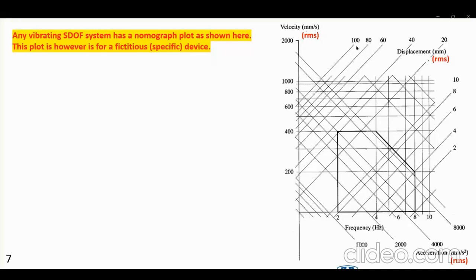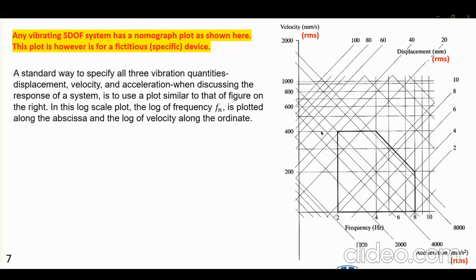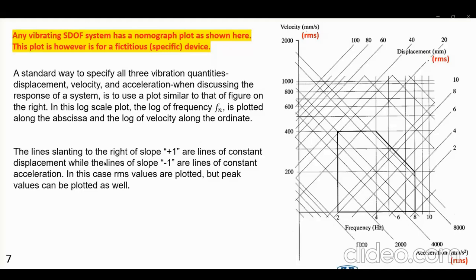If you fix one, the variation of log of V versus log of frequency is just a straight line. These are the accelerations: 1,000, 2,000, 4,000, 8,000, etc., meter per second squared. If you fix one acceleration, the variation of log of V versus log of Fn is a straight line with a slope of -1. That's exactly what this is saying. I'm using RMS here, but as I said, everything can be in terms of peaks, for example.